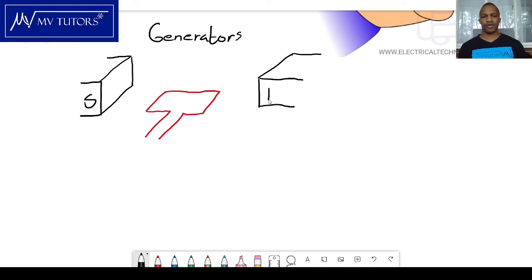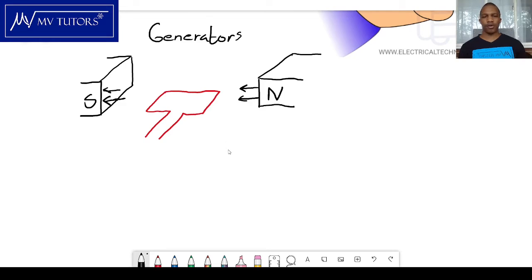And north this side. So what we know is that the field is moving away from the north, and it's moving towards the south, really. So it's moving towards there. Cool. Now what else do we know?